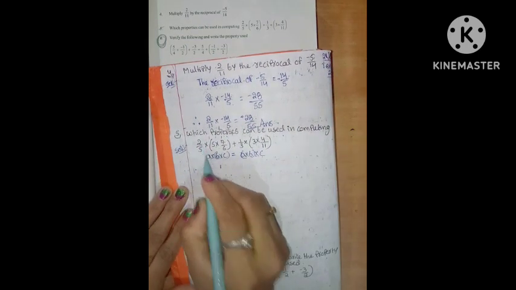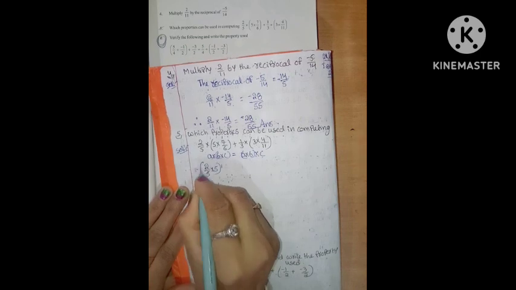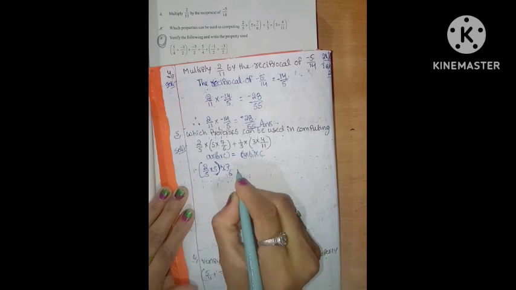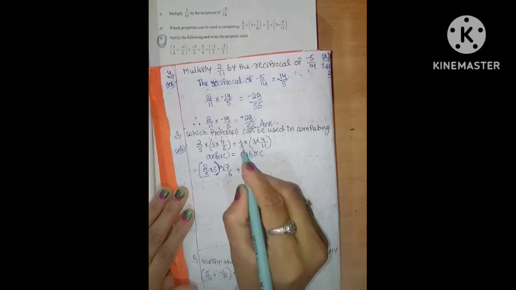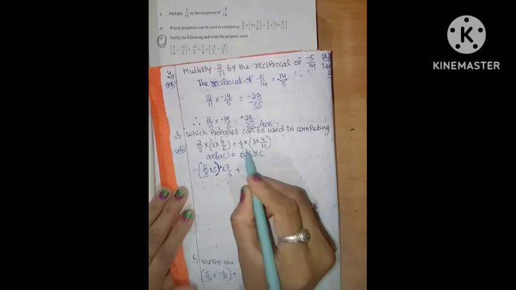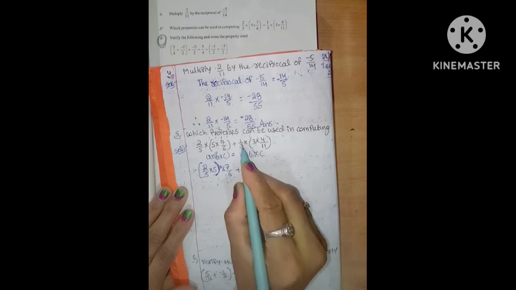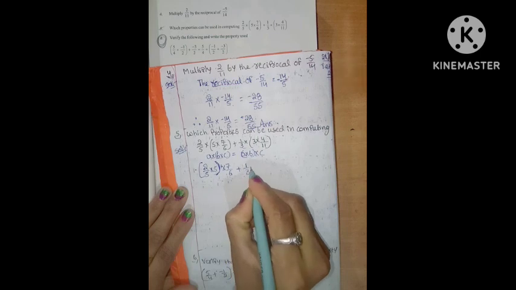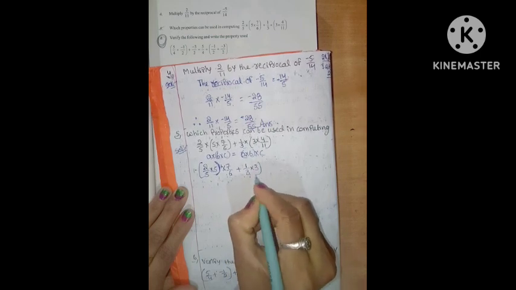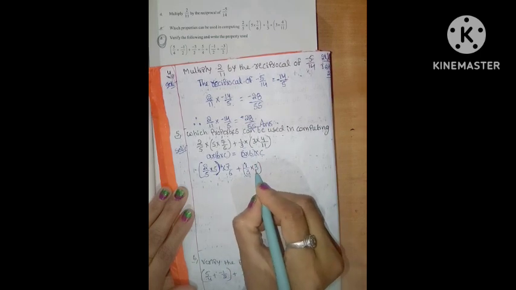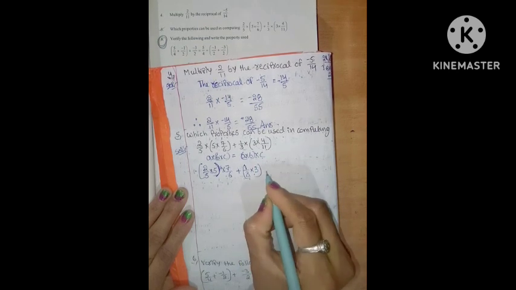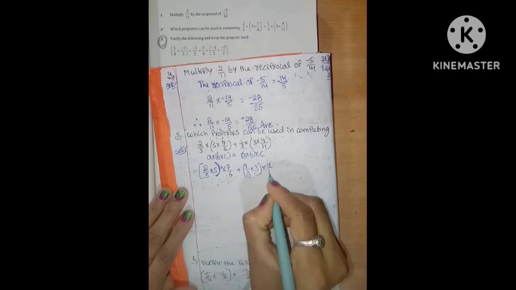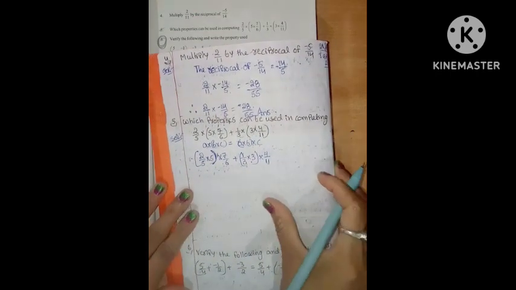You have to write it in your bracket, next the third term. In the second product, the first two terms are 1 by 3 into 3. Bring these two terms, write them in your bracket, into the third term, that means 4 by 11.